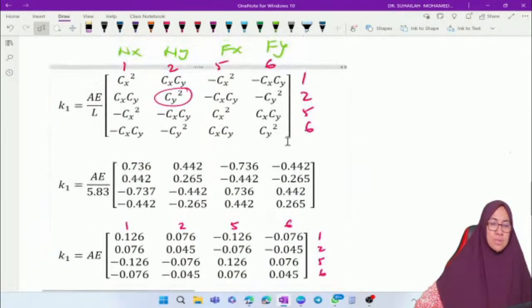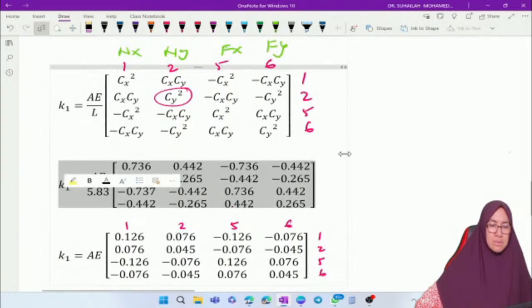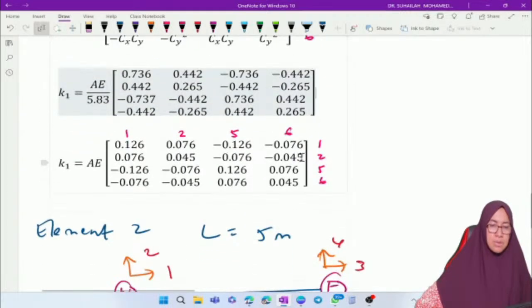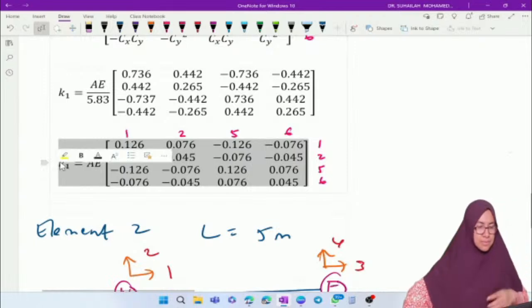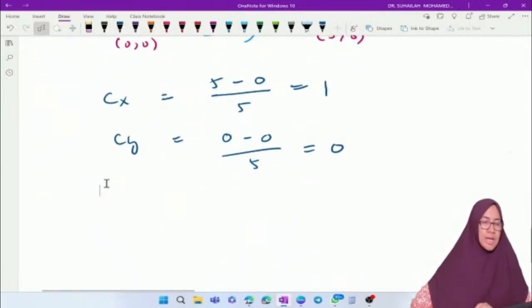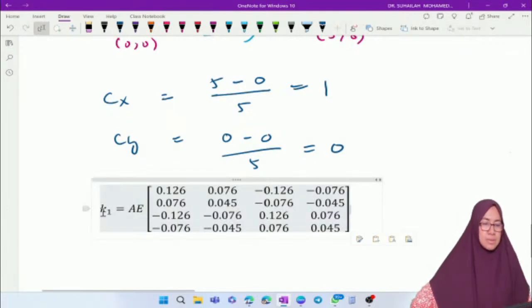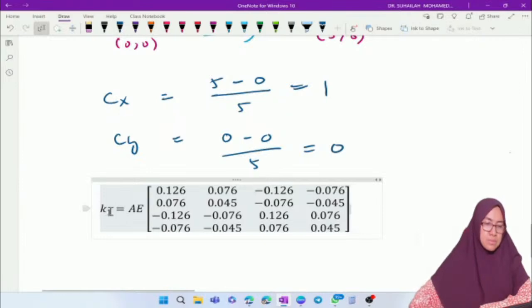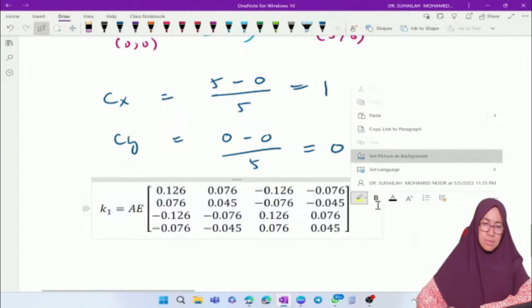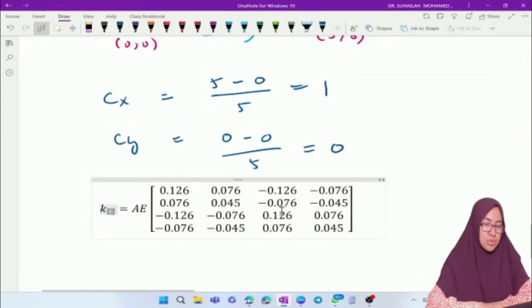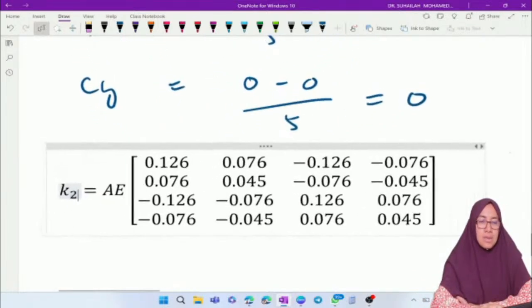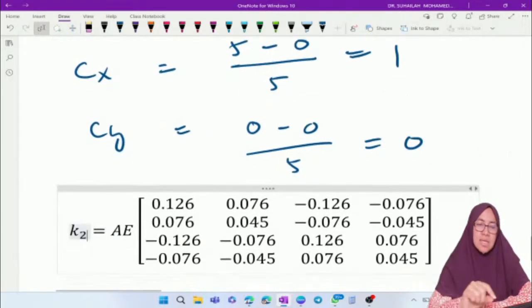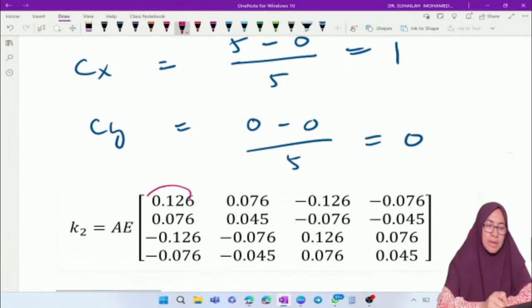So, I copy this. No. I want to take only this. Okay. So, for K2, okay, this is K2. The first value is Cx square.